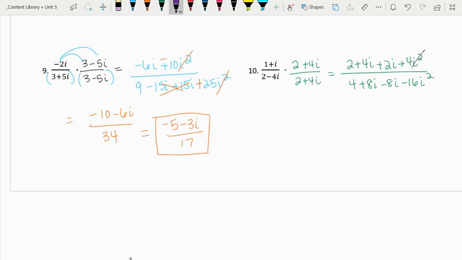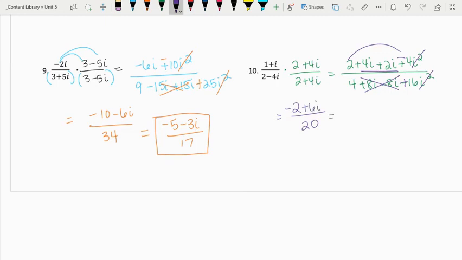Then we're going to get rid of the i squared, so this would become a negative 4, and the denominator would become a positive 16. And then our i's cancel in the denominator. So our denominator is 4 plus 16, which is 20. Our numerator, if we combine 2 minus 4, we get negative 2. And then 4i plus 2i ends up giving me 6i.